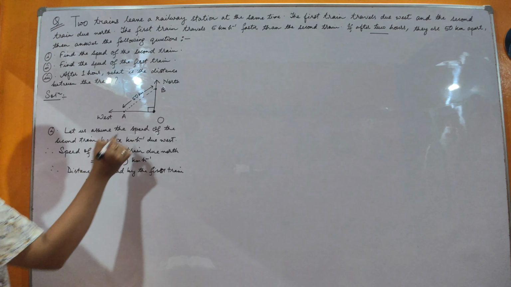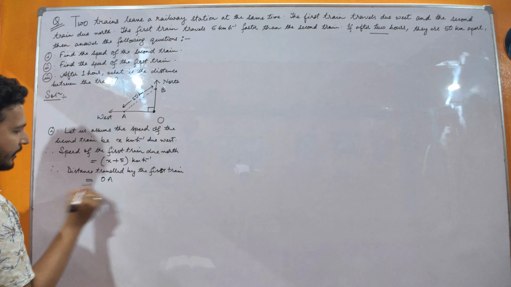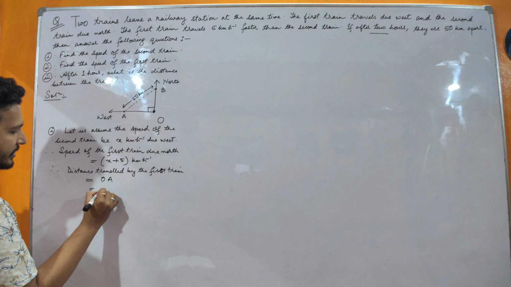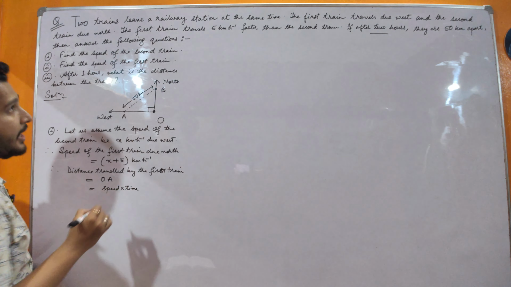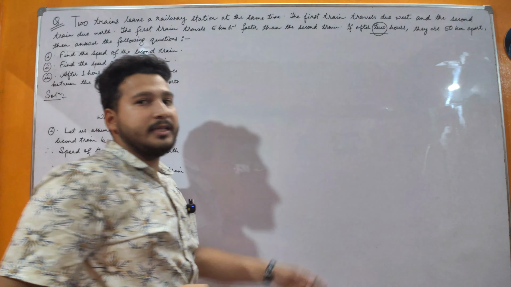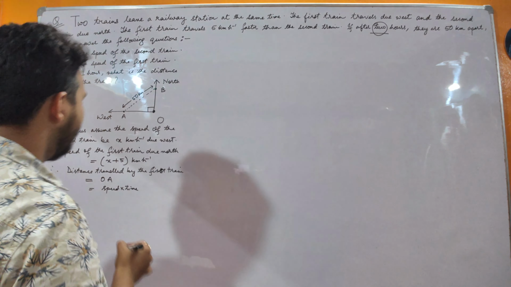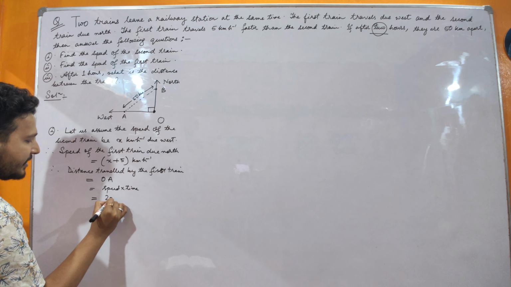What is the distance here? OA. OA is the distance. What's the formula for distance? Speed multiplied by time. Time is given here, 2 hours. Specifically, they have mentioned in the question it's 2 hours. So we'll write speed, that is x into 2. So twice x kilometer.